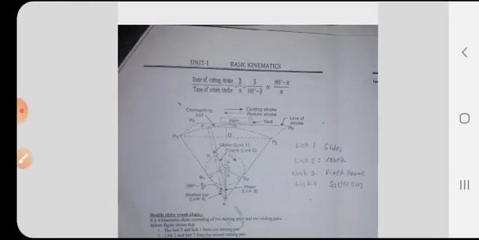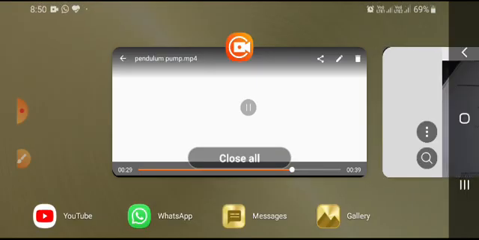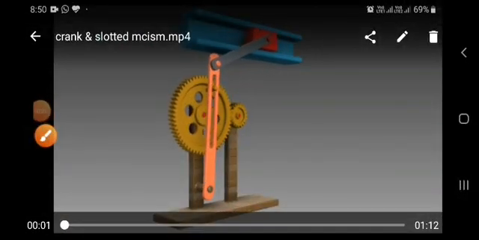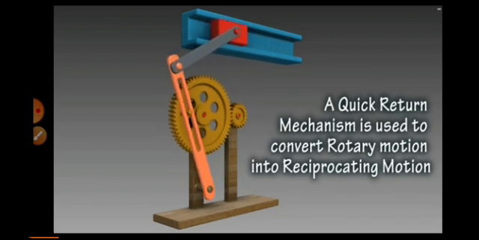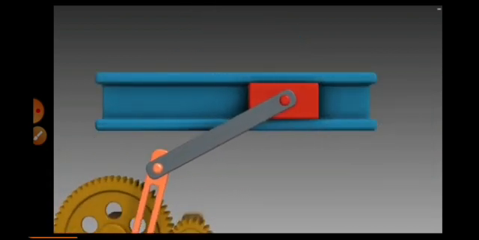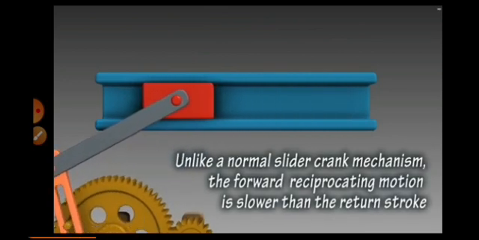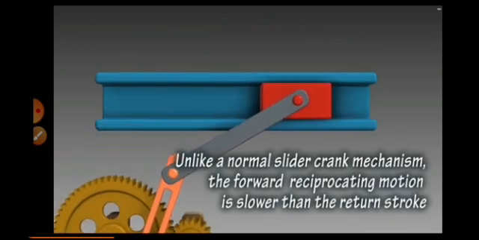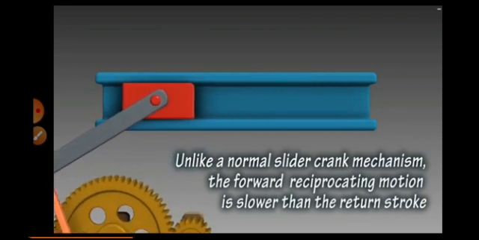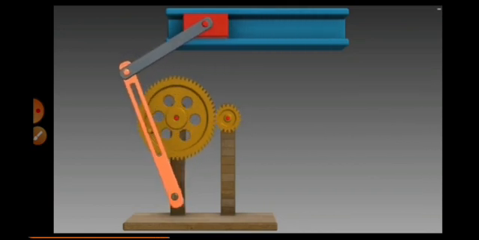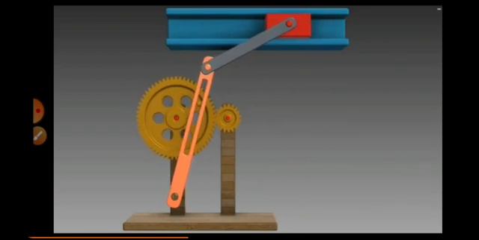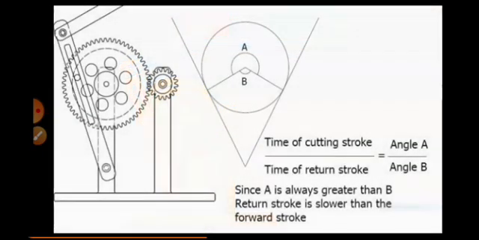Let me show a simple animation video of the crank and slotted lever mechanism. A quick return mechanism is used to convert rotary motion into reciprocating motion, and it is a ram which moves in the cutting stroke and return stroke. Normally this ram reciprocates in the shaping machine, and the slotted bar is attached to the crank.